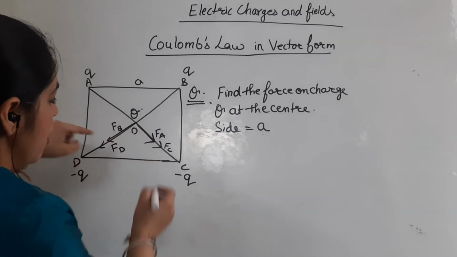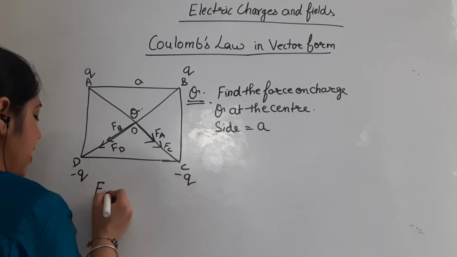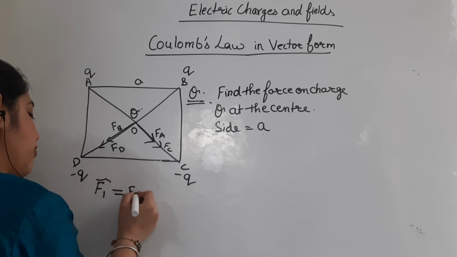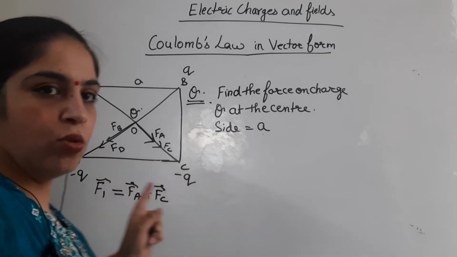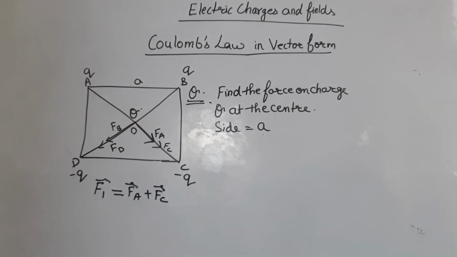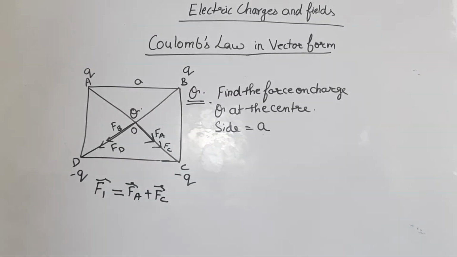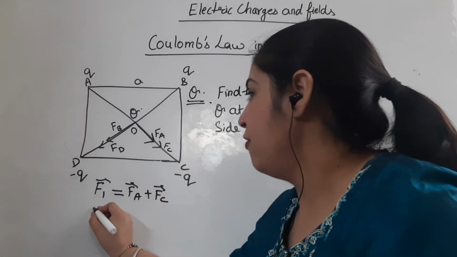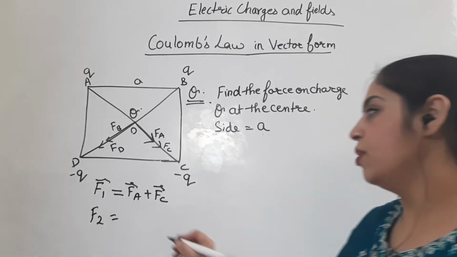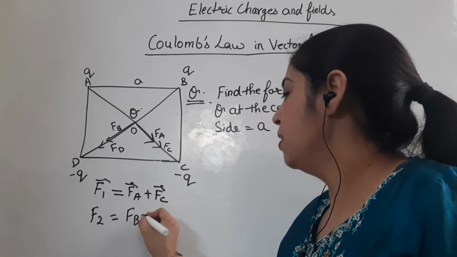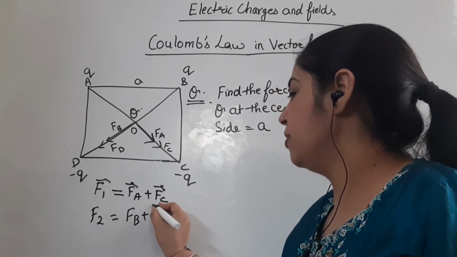Now this force could be marked as F1, which is equal to FA plus FC, because both are in the same direction, so they add directly, because theta is 0 between the two forces. Similarly, I can write F2, which is equal to FB plus FD.